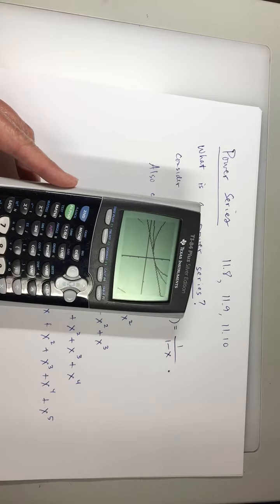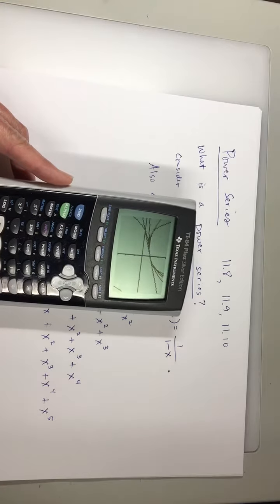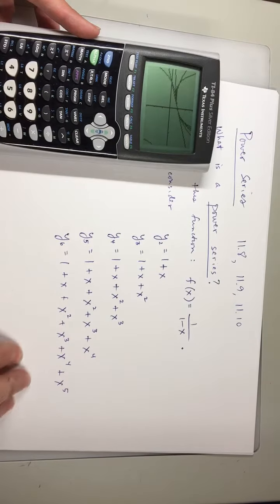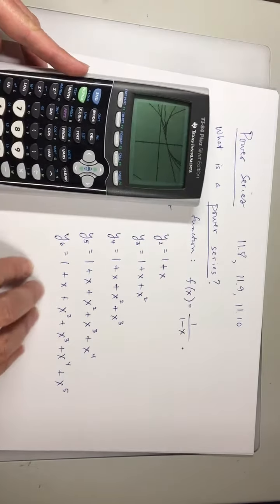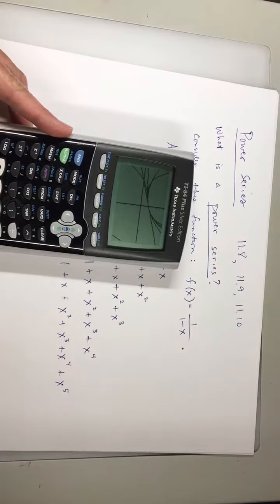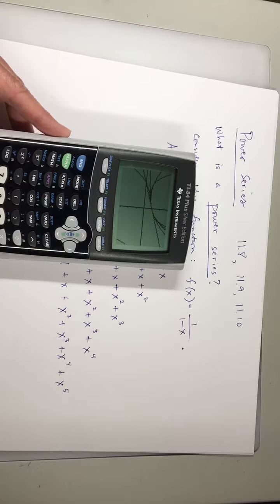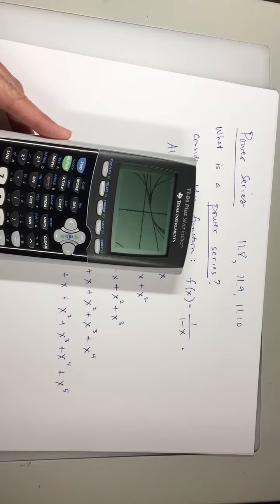There's the parabola, cubic function, and then the one that's to the fourth power. And as I keep adding terms to these, this is going to be a better and better approximation to the graph of 1 over 1 minus x.